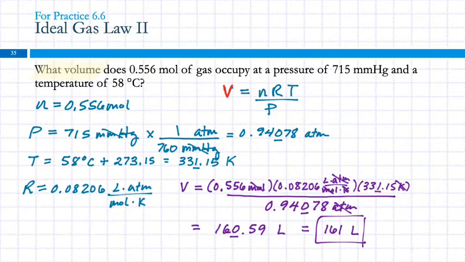Any questions? In some ways, ideal gas problems are more student-friendly because you don't have to identify which things go together, but you do have to make sure all the units match up.